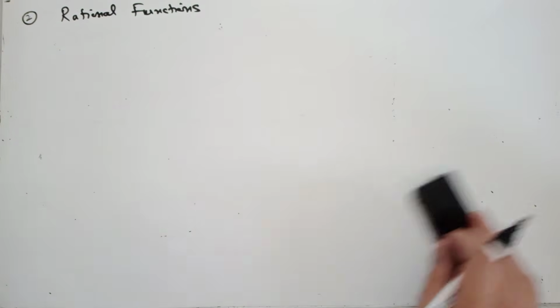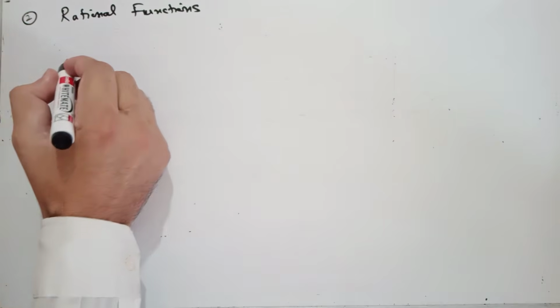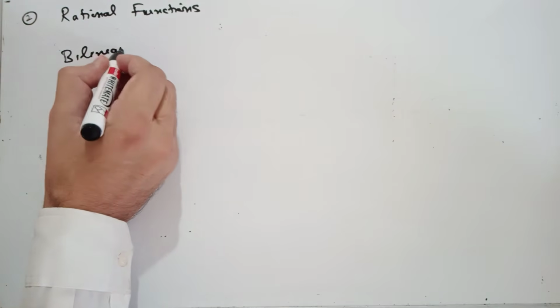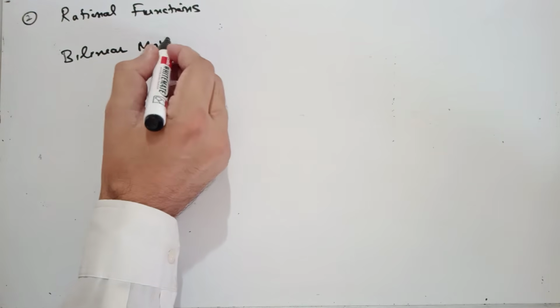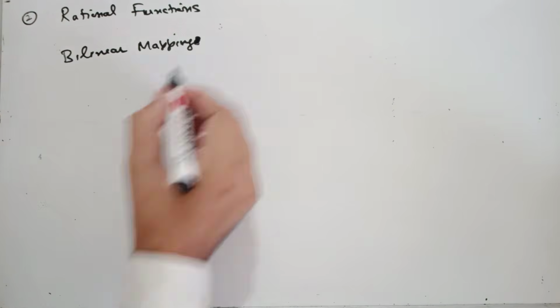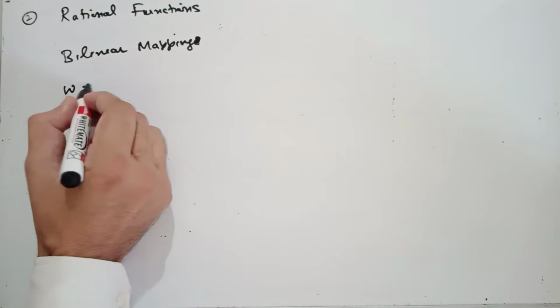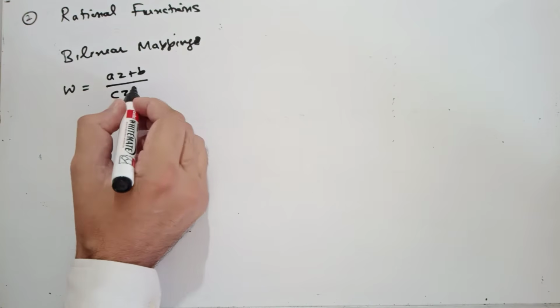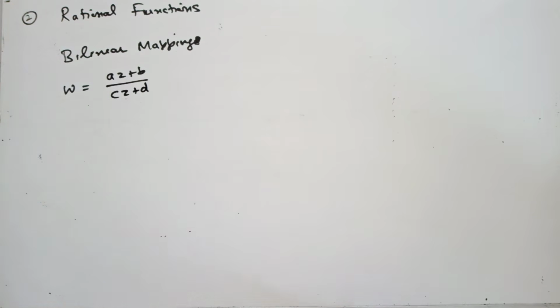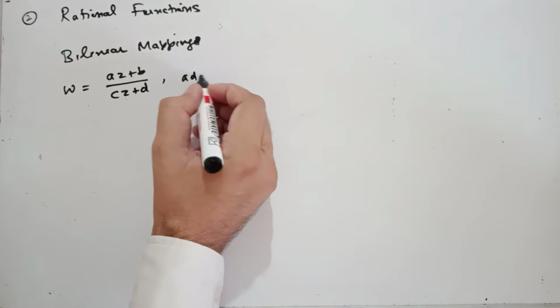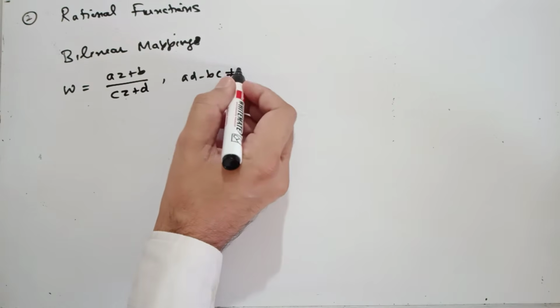Now let us see another mapping which we call bilinear mapping. Bilinear mapping: W equal to AZ plus B over CZ plus D. Here A, B, C, D are constants with AD minus BC non-zero.